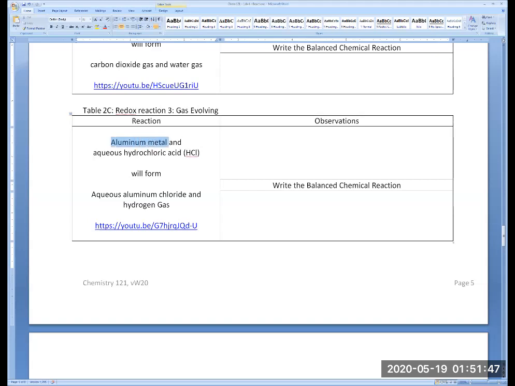Aluminum metal, again, when you have a metal by itself, it's just its symbol from the periodic table. And then metals are solid, so the physical state will be S. Here, aqueous aluminum chloride. So, as I said, remember how in oxidation reduction reactions, there is a transfer of electrons.